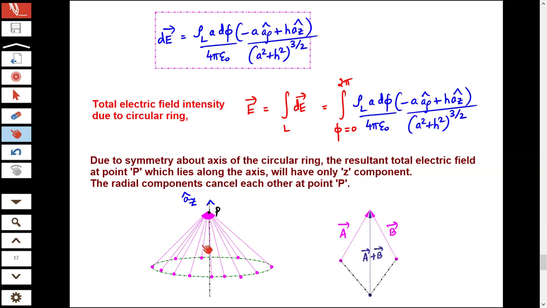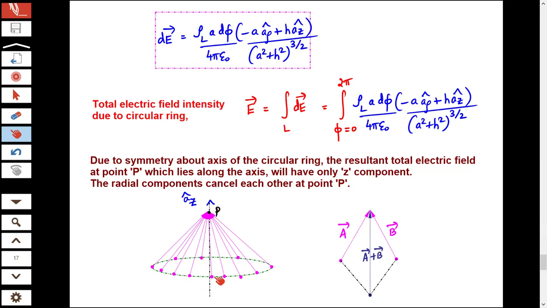This can be justified with the parallelogram law of addition between two vectors. If I consider two vectors A and B forming the two sides of the parallelogram, the resultant of addition of the two vectors will be along the diagonal of this parallelogram. Now, if I consider the differential length element and its diametrically opposite element on the same plane, the addition of these two components will have resultant only in z direction.